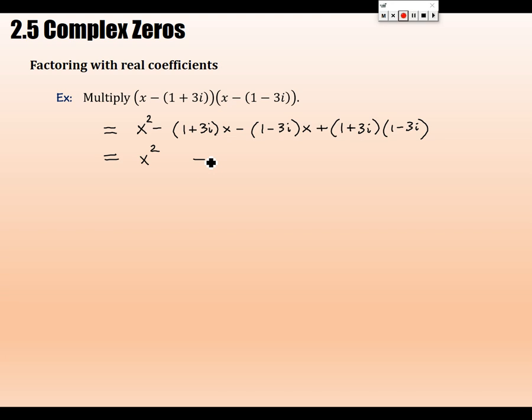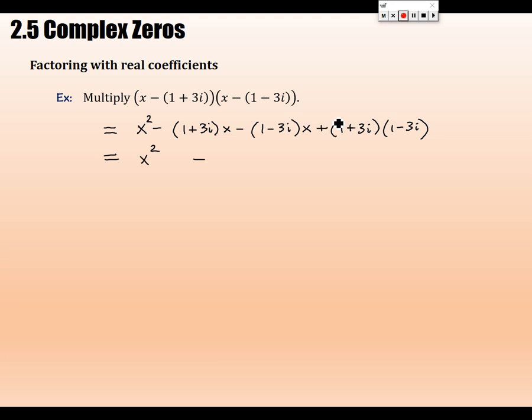There's a negative 1x, and there's another negative 1x. And there will also be a negative 3ix and a positive 3ix. So what's left in just the middle piece here?